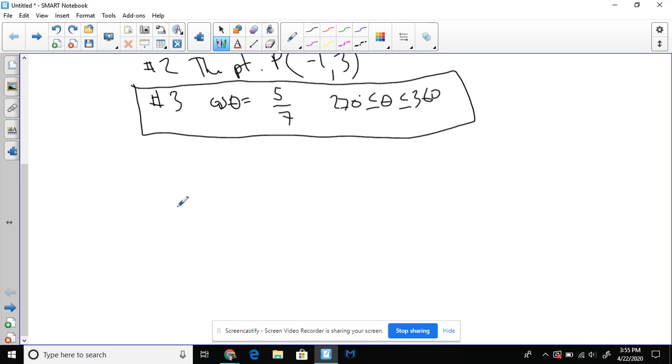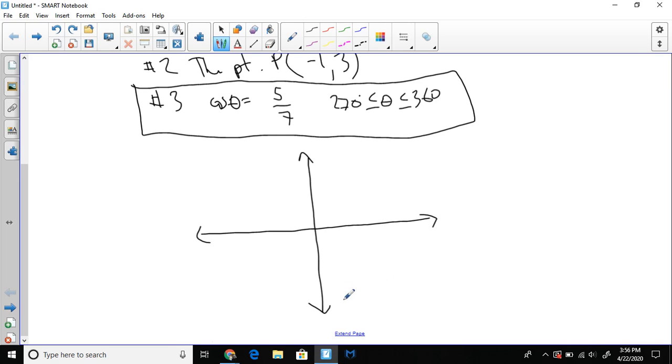So here we're given a cos ratio and we have zeroed in on a specific quadrant, all right? So same deal. Let's draw ourselves a Cartesian plane. Okay, so now again, where is 270 and 360?